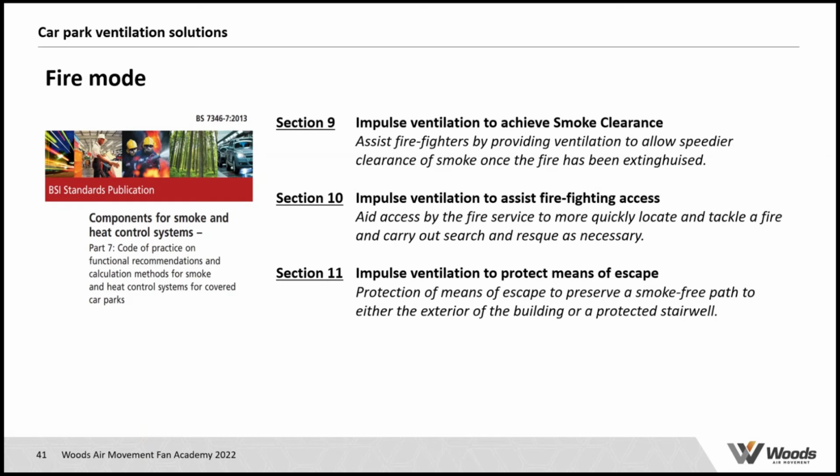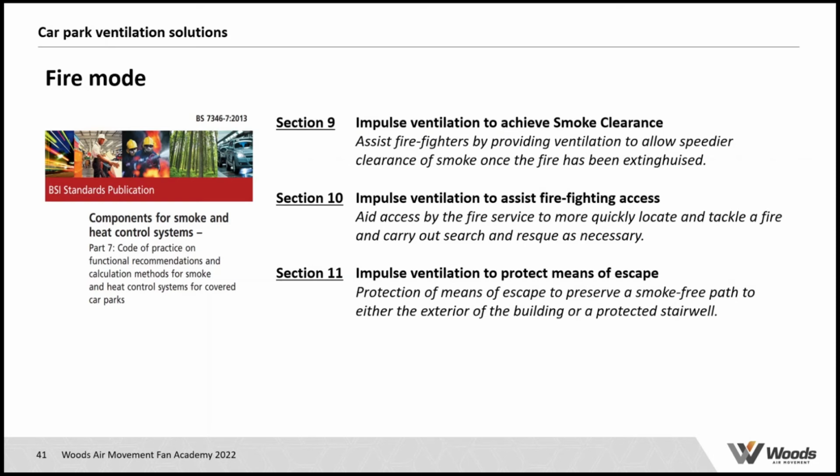Section 10, however, is a system that is designed to assist firefighting access. Now, in the past, this was often referred to as smoke control, and often smoke control was associated with safety to the public, but that's not really what it is, because travel distances in buildings in general, but certainly in car parks, are generally not more than 30 to 60 meters.